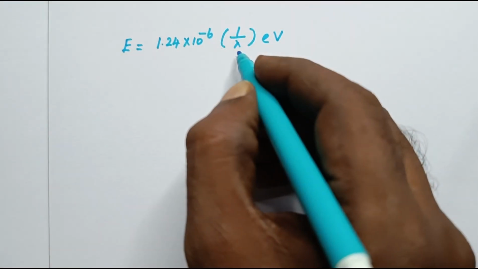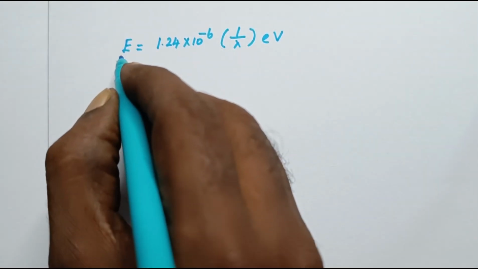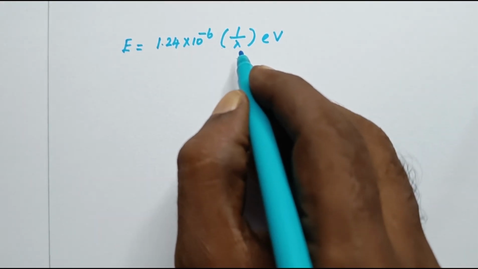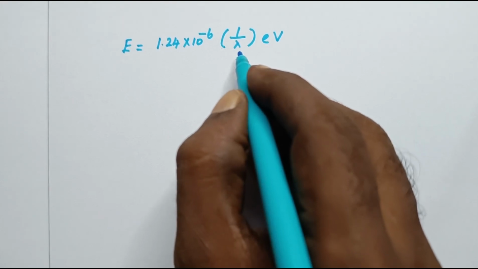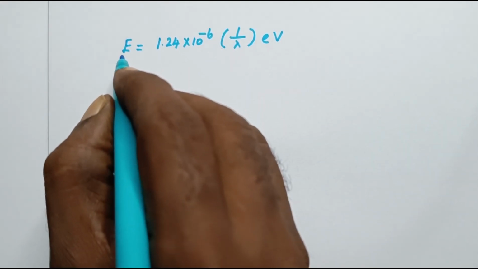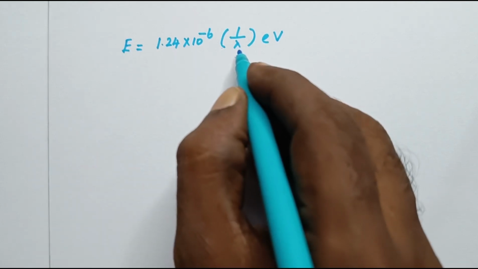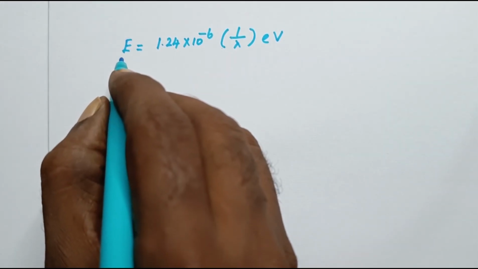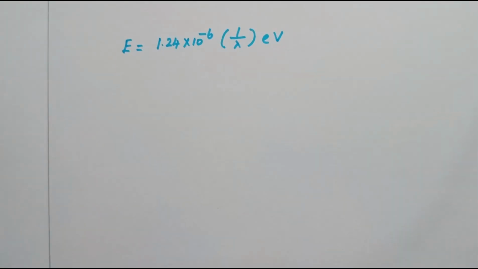So by knowing the value of lambda, we can calculate the energy of the photon. In the electromagnetic spectrum, there are different rays. Different rays have different wavelengths. By substituting the corresponding wavelengths, we will get the corresponding energy of a photon. Now let us see two examples how to calculate the energy of a photon for gamma rays and visible light.